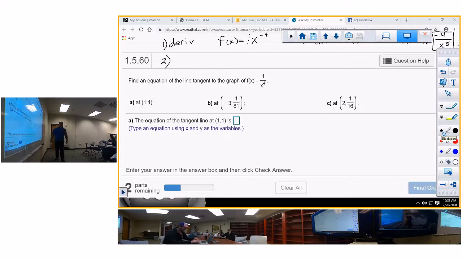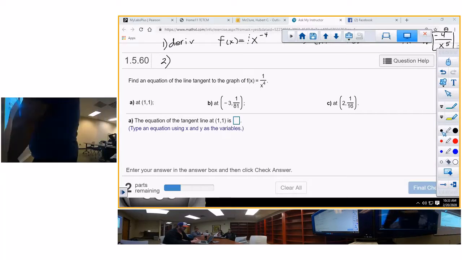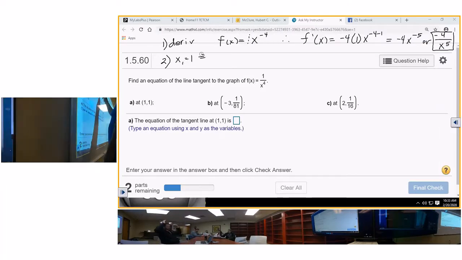Okay, so now I'm going to plug in. You have to plug in each one. So I'm going to do number 1. Okay, so I'm going to plug in x of 1 is equal to 1. And that's going to give me negative 4 over 1 raised to the 5th power.